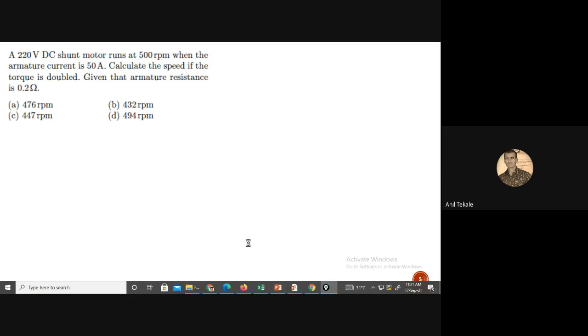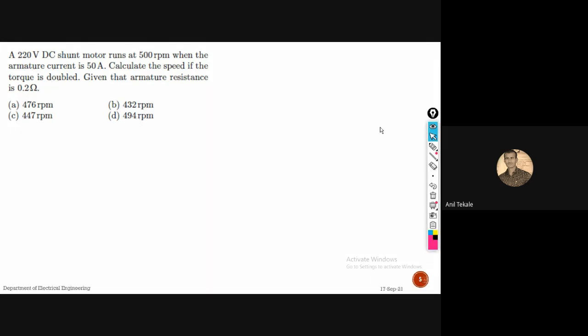Okay, fine. So the question I will read again: a 220 volt DC shunt motor runs at 500 RPM when the armature current is 50 ampere. Calculate the speed if the torque is doubled.